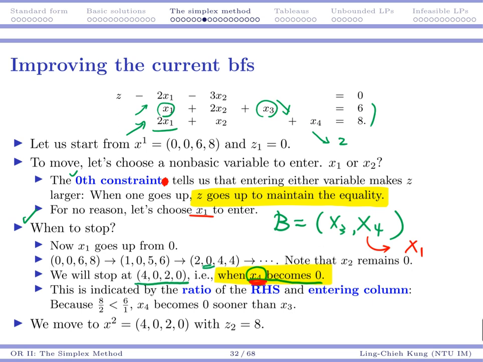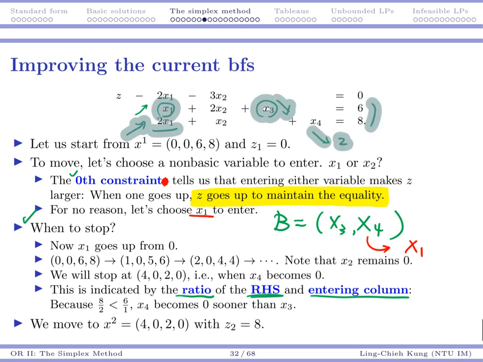For the leaving variable, determining which one would hit 0 first is also very simple. All we need to do is look at the ratio of the right-hand side values and the entering column. For this particular example, we focus on the coefficients for x1, because x1 enters, so this 1, 2 is the entering column, and the right-hand side is 6, 8.